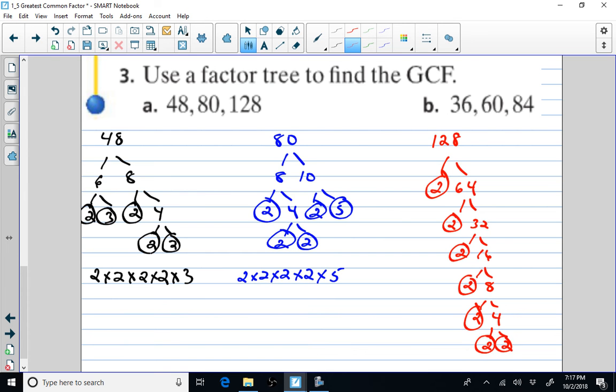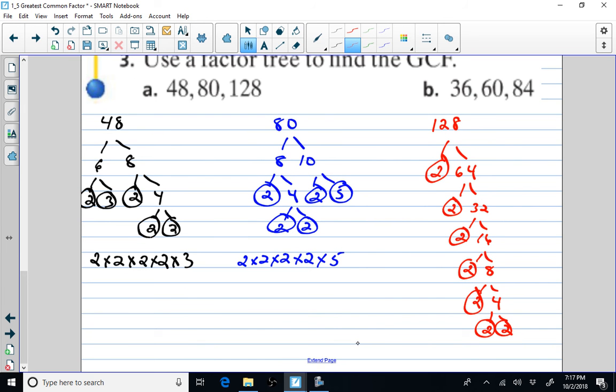They're both prime. We have 1, 2, 3, 4, 5, 6, 7 factors of 2. So that's going to be 2 times 2 times 2 times 2 times 2 times 2 times 2.